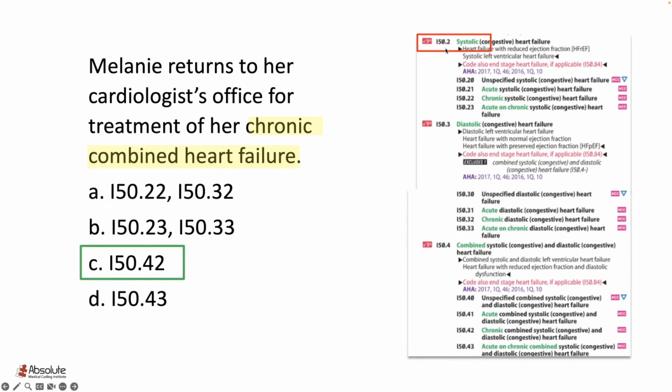I50.2, this subcategory is wrong because it's coding for systolic congestive heart failure. You might say, Mrs. J, isn't combined heart failure both systolic and diastolic? Absolutely, it is.